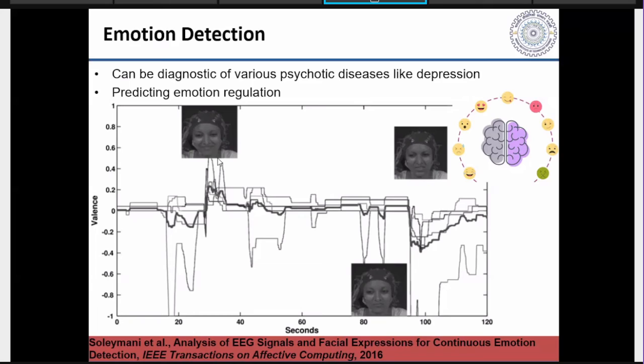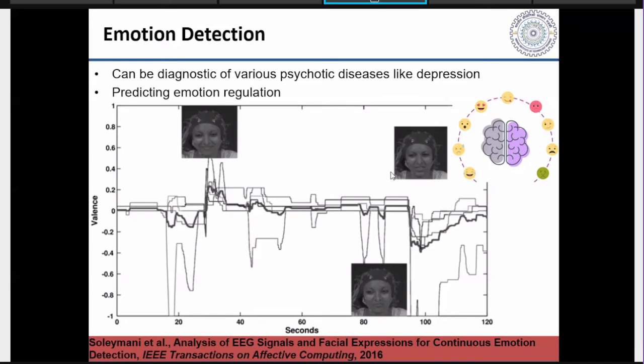Depression patients are most of the time in a negative state. Yes, you can do this. Crime detection and lie detection are all possible applications of EEG-based analysis or prediction. You can ask some questions and see whether he is answering in a true or a false way.